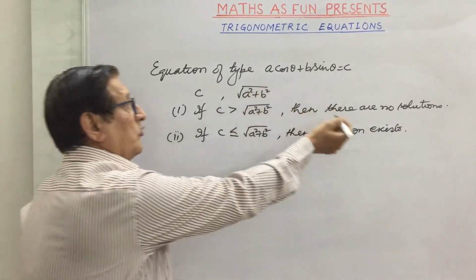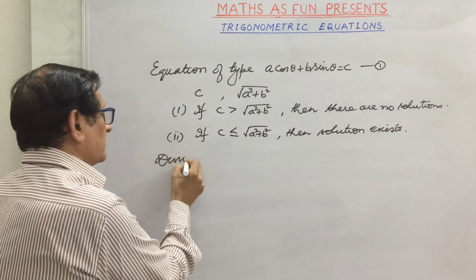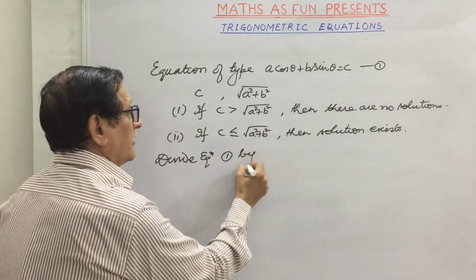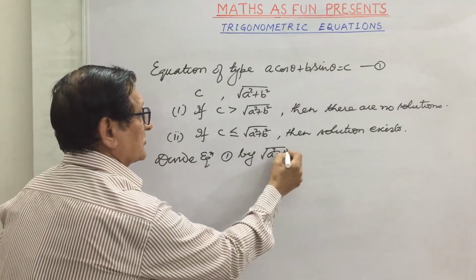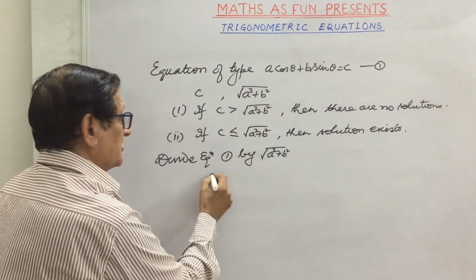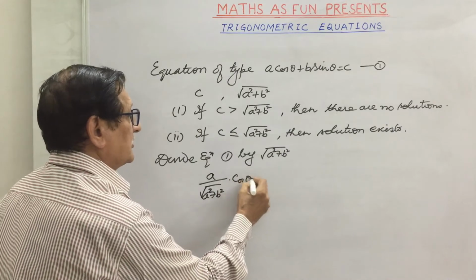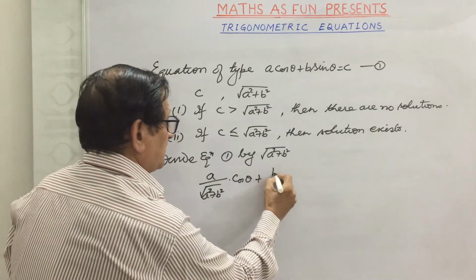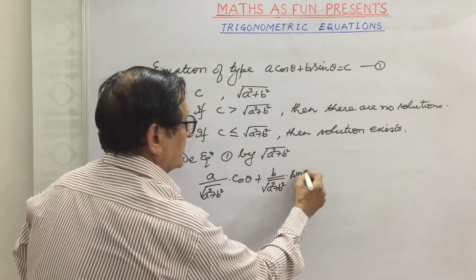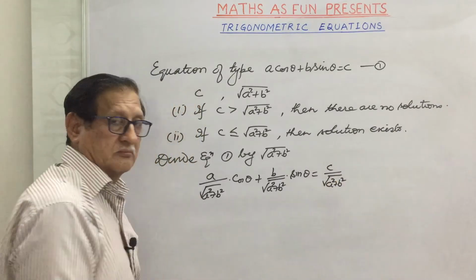Because we divide this equation, suppose we write this as equation 1, by root of a square plus b square. Then the equation becomes a upon root of a square plus b square into cos theta plus b upon root of a square plus b square into sin theta equal to c upon root of a square plus b square.